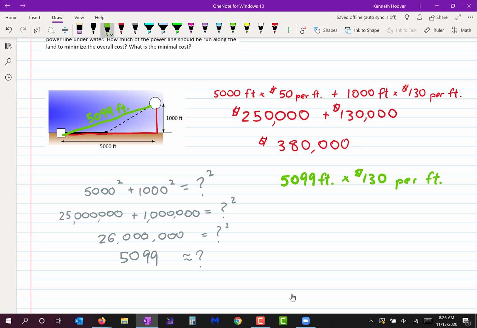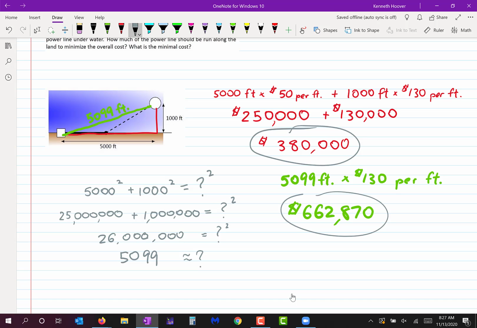Okay, 5,099 times 130. And that ends up equaling $662,870. So look at that. That's surprising. That costs almost twice as much as this, even though it's a much shorter distance. So that's a little bit surprising, isn't it?